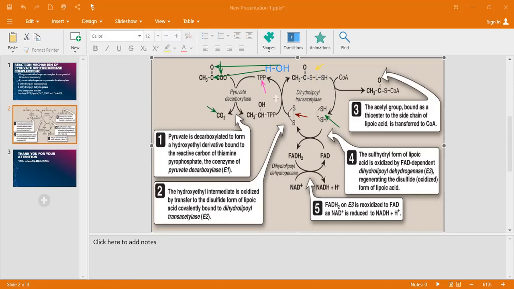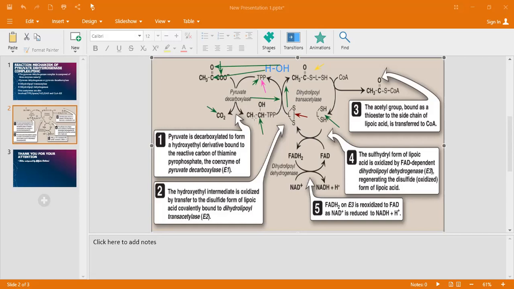So in this second reaction, also catalyzed by the pyruvate decarboxylase, we will take the hydroxyethyl derivative and add it to the lipoate here. Then the reaction proceeds upwards like this to regenerate our enzyme, which is linked to thiamine pyrophosphate.